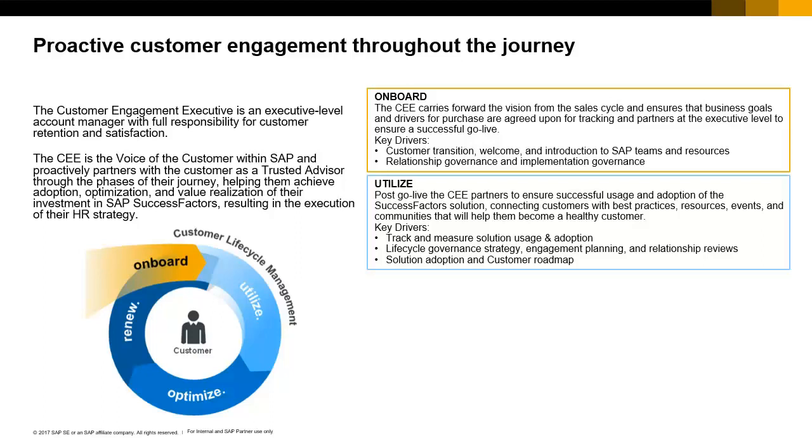Some of the key activities and outcomes in this phase include tracking and measuring solution usage and adoption throughout their organization, establishment and definition of a lifecycle governance strategy, engagement planning, and regular relationship reviews, as well as focusing on solution adoption and the joint development of a customer roadmap that defines the timeline for key activities and actions in the next 1 to 2 years.